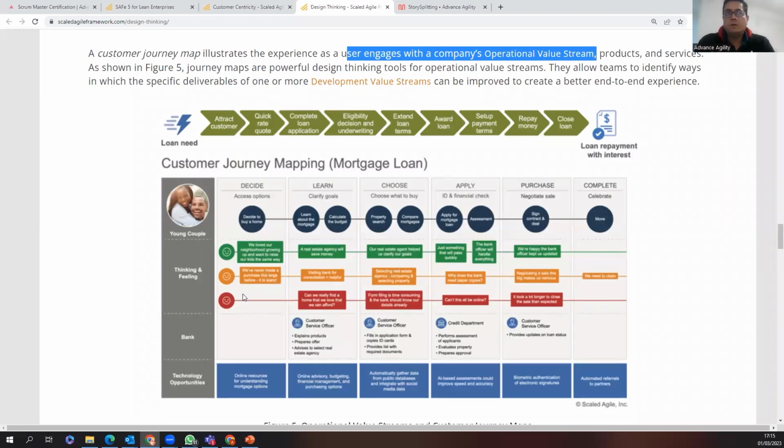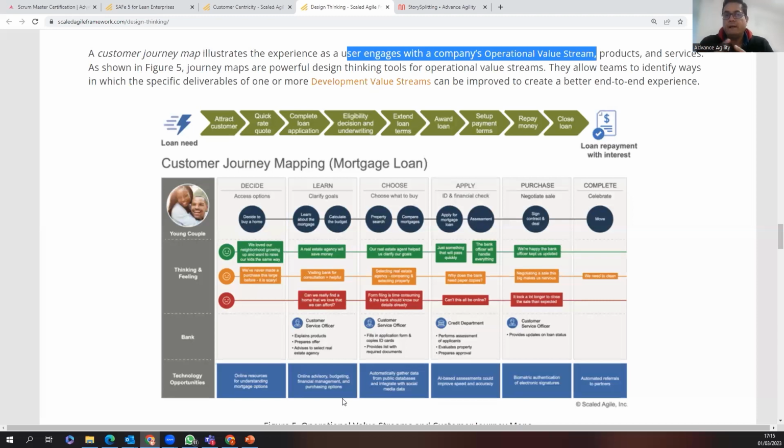Not only the couple, but also the staff or colleague in the bank who is serving them, and how they are feeling while serving these customers. And from whatever they are feeling or the challenges they are facing, we can find technology opportunities. This is what customers need, because this is what the customer is actually feeling, and that's where we can have ideas of features and epics or initiatives which are desirable to the customer.